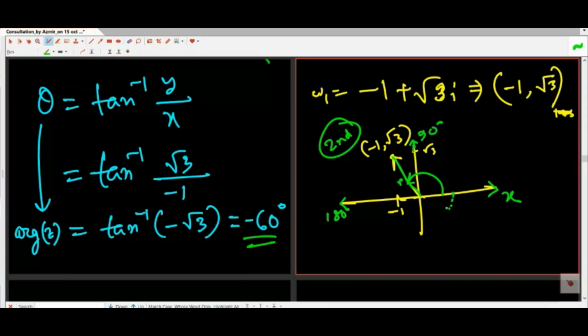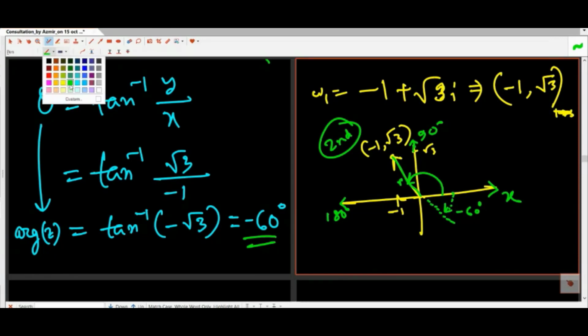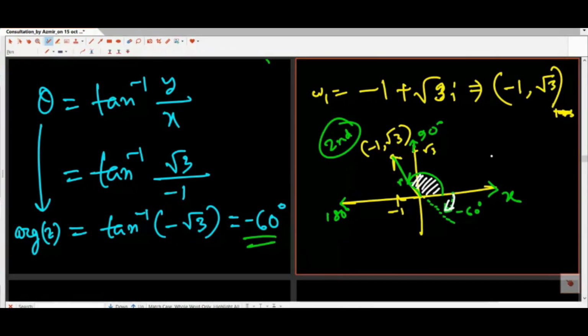So negative 60 degree is on the backward portion. So to have this amount of theta, what we have to do? We can easily see that our argument will be between 90 degree and 180 degree. But whatever we have found is not correct. We have to adjust.